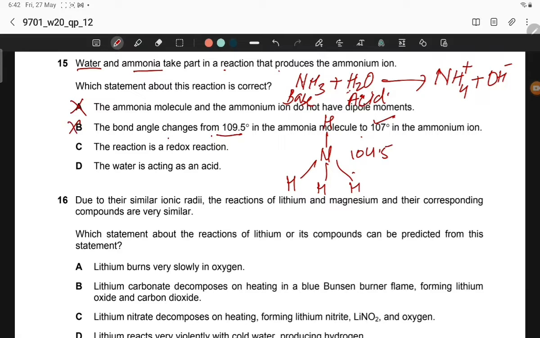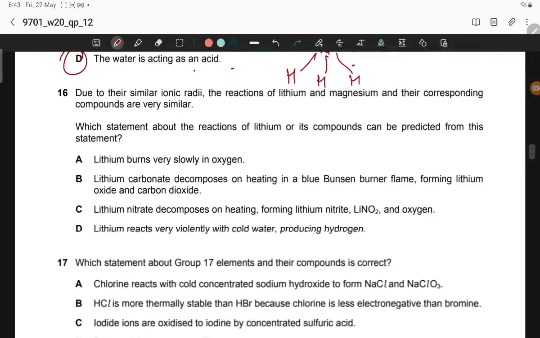So this is also incorrect. The reaction is a redox reaction. This is not a redox reaction. The water is acting as an acid. Yes, this is correct.